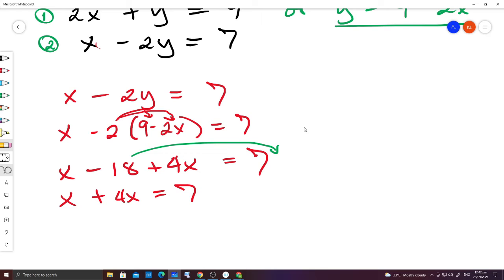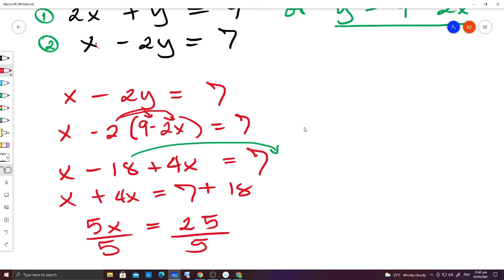Negative will become plus once you transfer it to the other side. Okay, so we have 5x equals 25. So x is equal to 5.